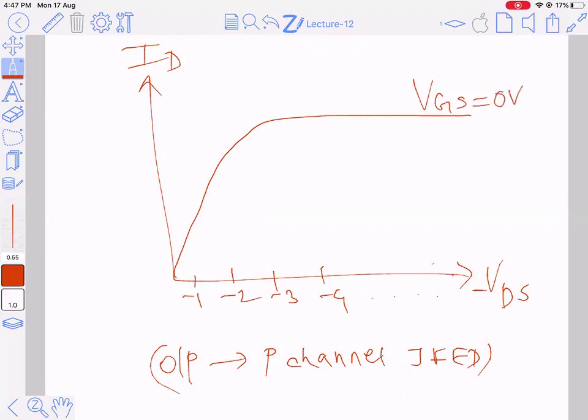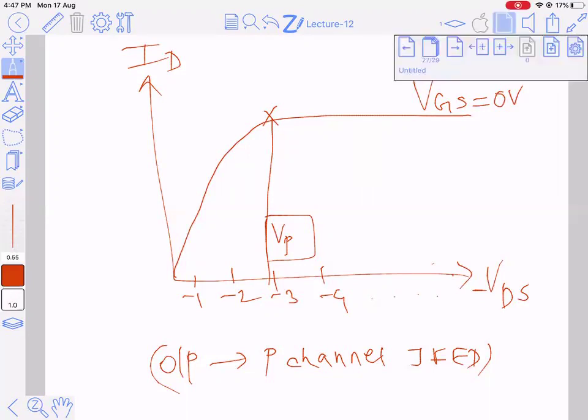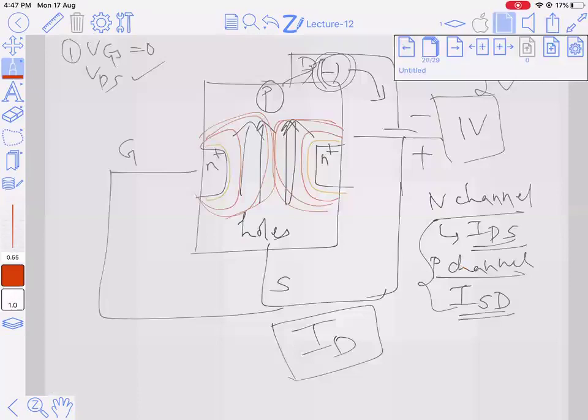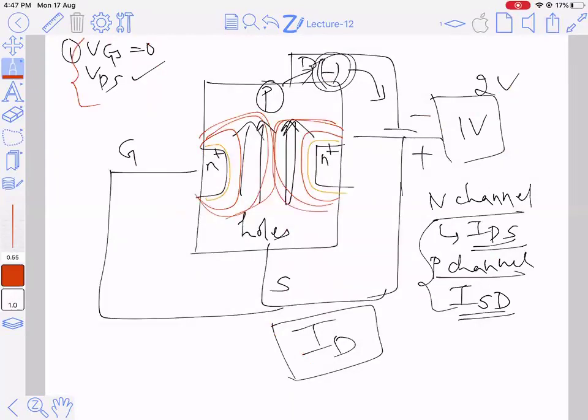The value at which the current saturates is the pinch off voltage. The value of VDS at which the current saturates is the pinch off voltage. Now, is this graph clear? The first case is clear, VGS is 0 and you have applied some VDS.